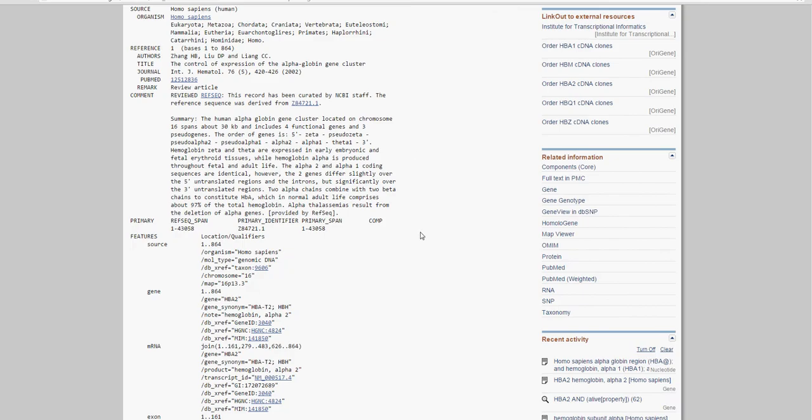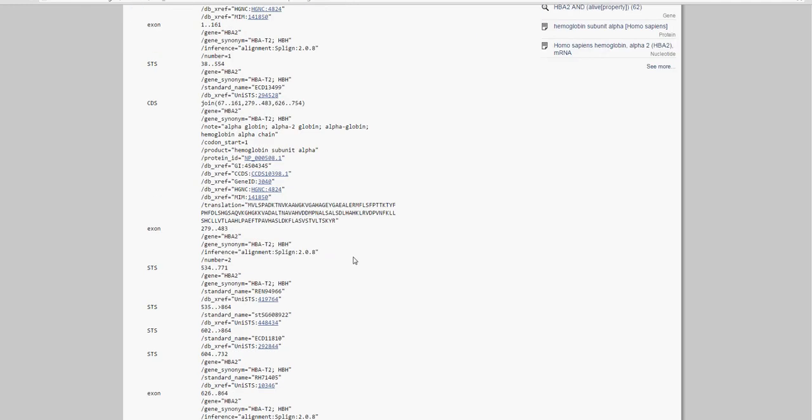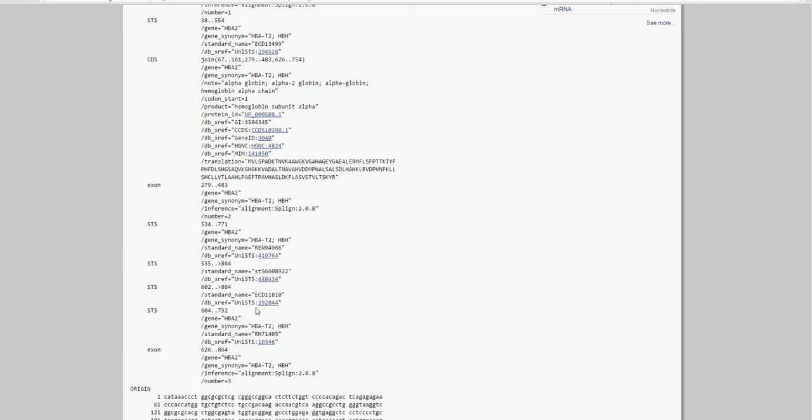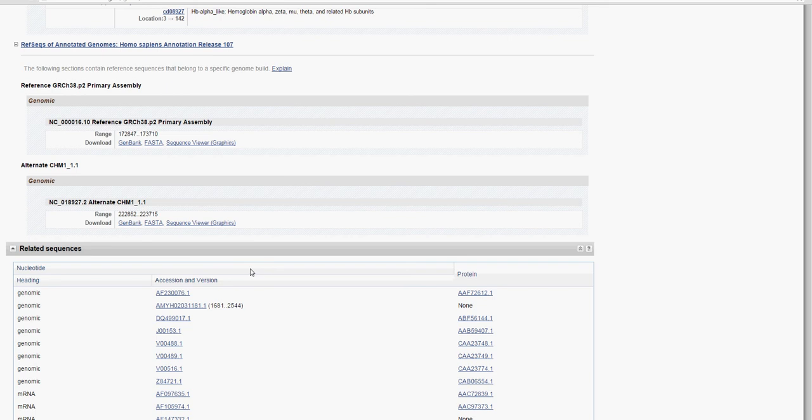Okay, and we have all sorts of different information. If you scroll down to the bottom, this is the actual sequence of this gene. All this information you can also find in the previous page and also on the messenger RNA page and protein page. Let's go back to see the messenger RNA.